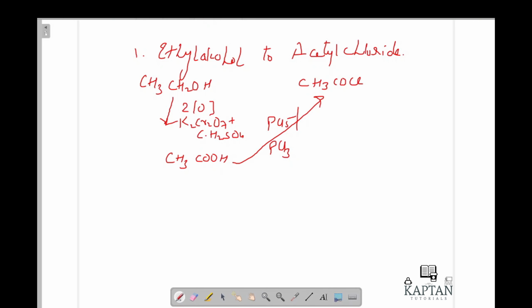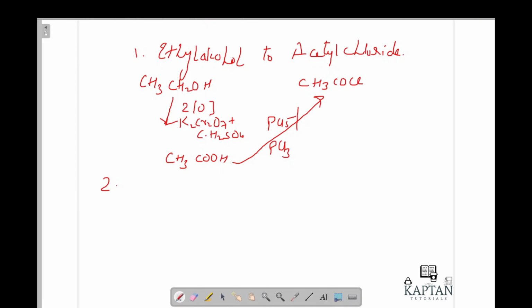Now for another reagent, I am using another color to carry out a further reaction, so that you should not be confused. Suppose I take, which color will you like? Okay, I am taking a green color.